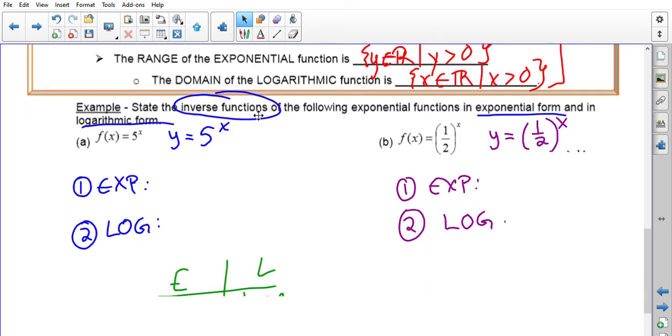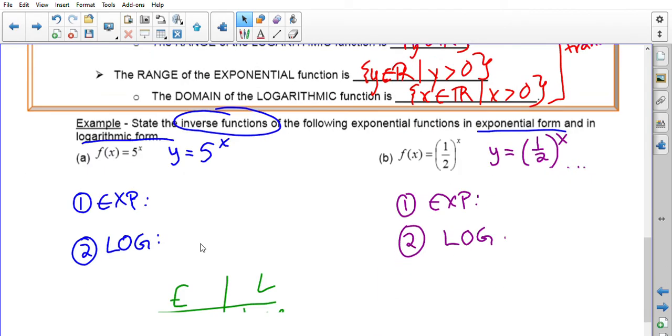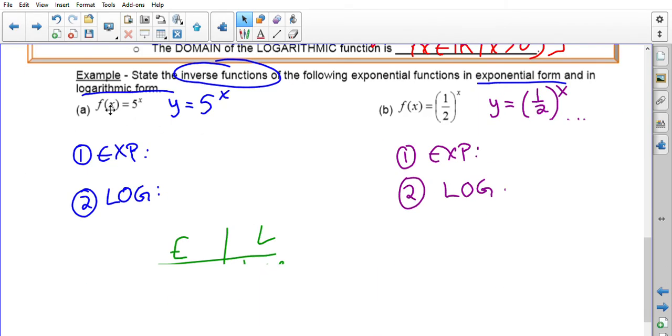It says state the inverse functions of the following in exponential form and in log form. So remember, we're doing what we did up here. If that's the original, what are the exponential form and log form of its inverse? We have f(x) = 5^x, so y = 5^x. I always write it this way because it helps students work with x and y.